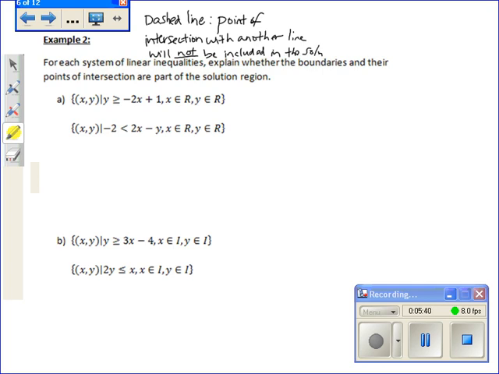So when I graph that, that would look like I put an open circle at the point of intersection if I ever have a dashed line. So it looks a little bit like this if you had a dashed line, and it was intersecting any other line, solid or dashed, you would actually draw that with an open circle in between. So it would look like this.